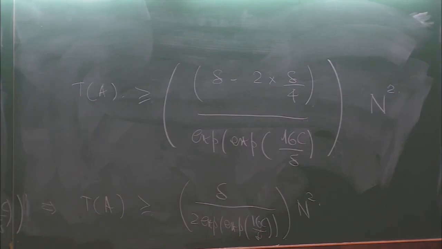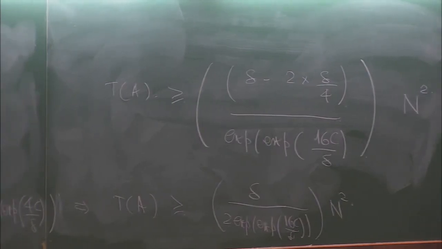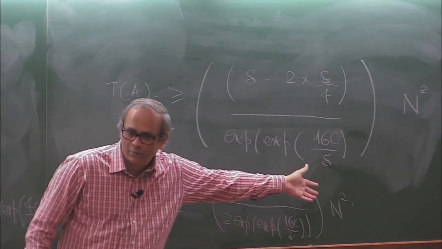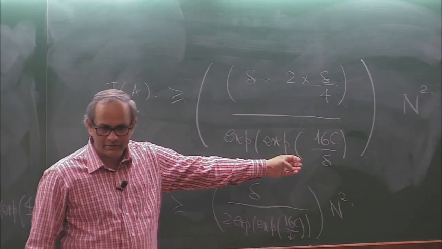So if A is greater than delta n, not only does A have non-trivial 3-term APs, it has a large number of them. It has something that depends only on the density times n squared 3-term APs.